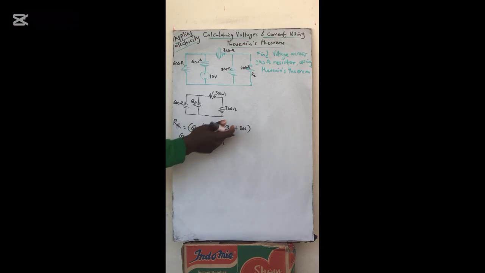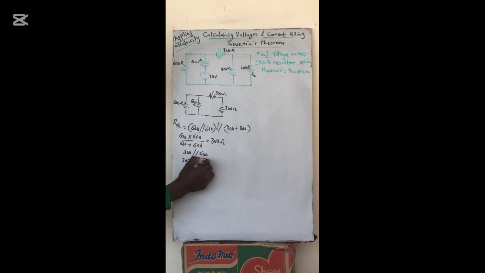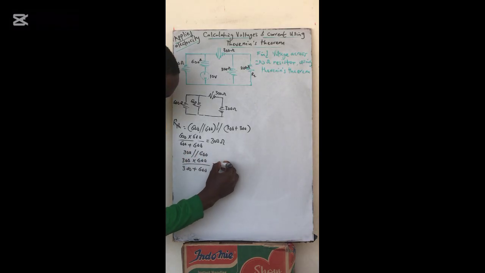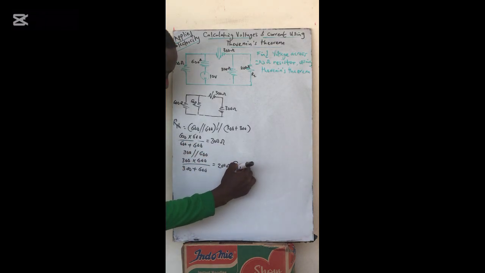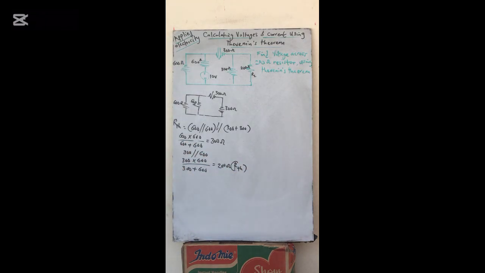So I'm going to have 300 in parallel with 300 plus 300, which is 600. So we have 300 multiplied by 600 over 300 plus 600. When we solve that, we are going to have 200 ohms. So this is the Thevenin resistance.